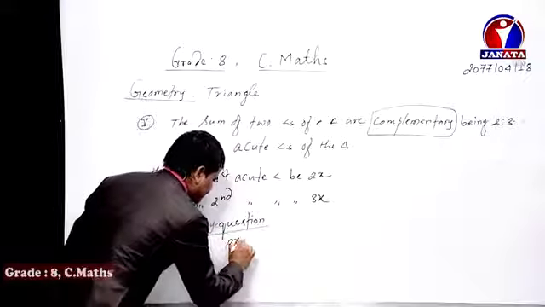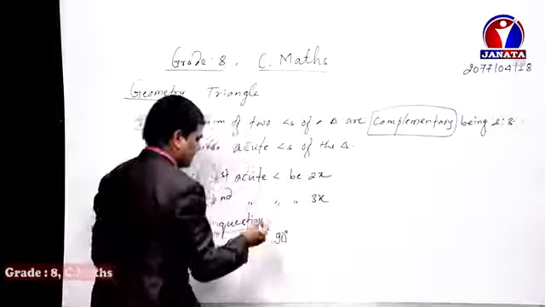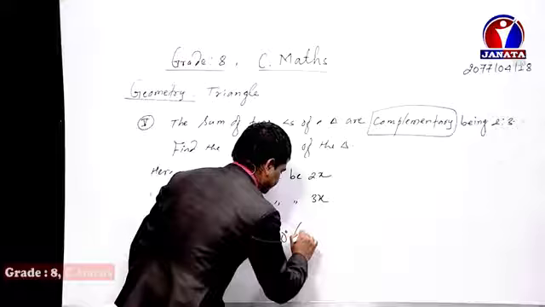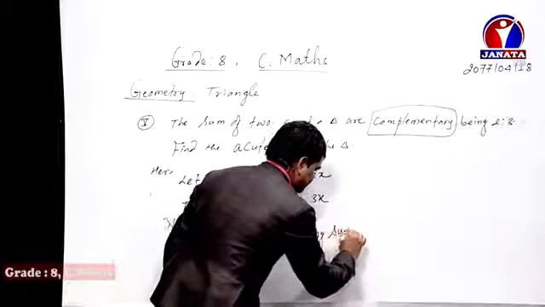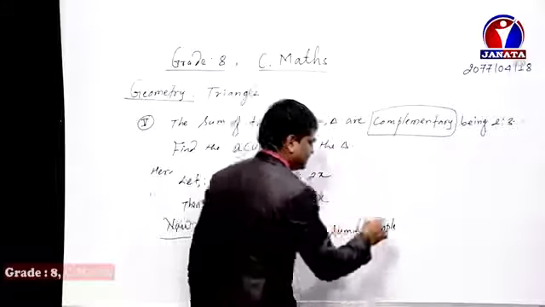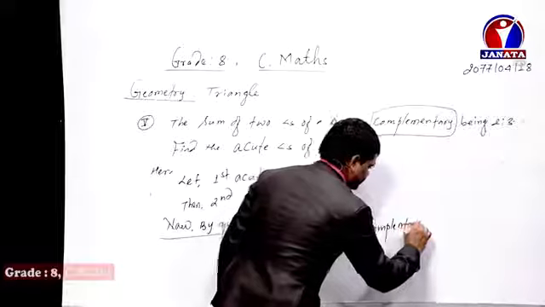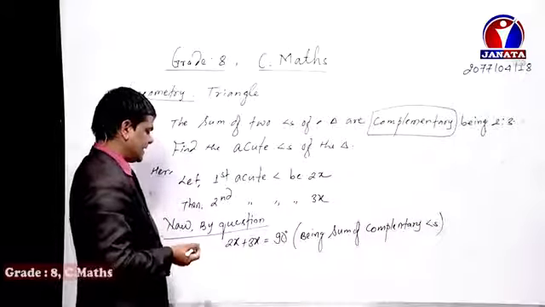It means 2x plus 3x equals 90 degree, being sum of complementary angles.